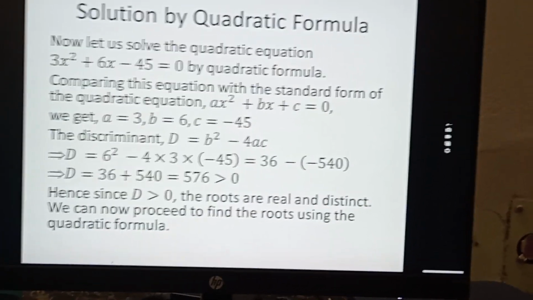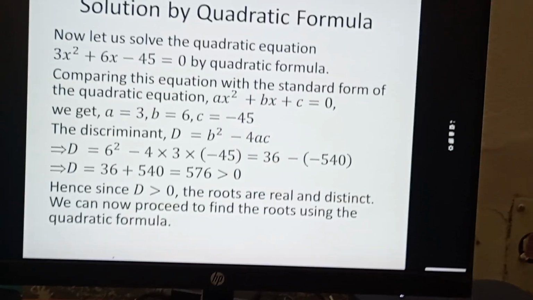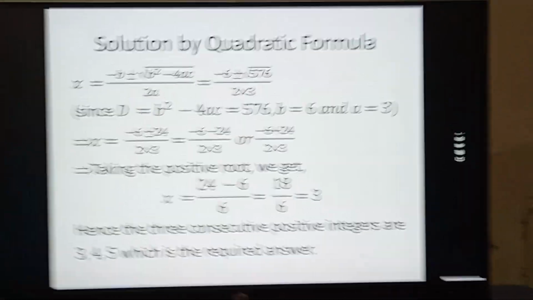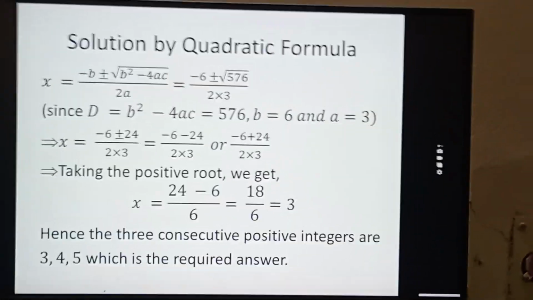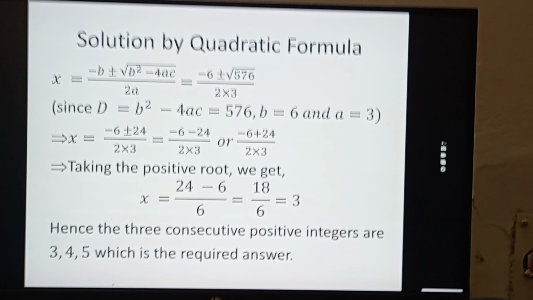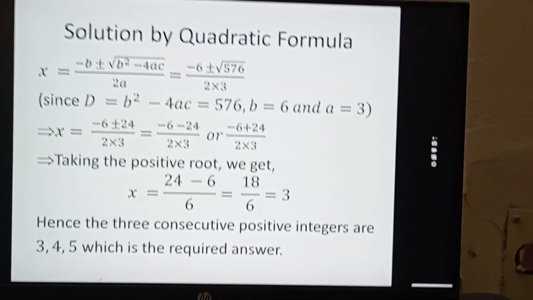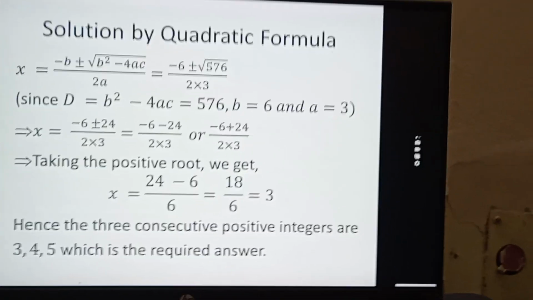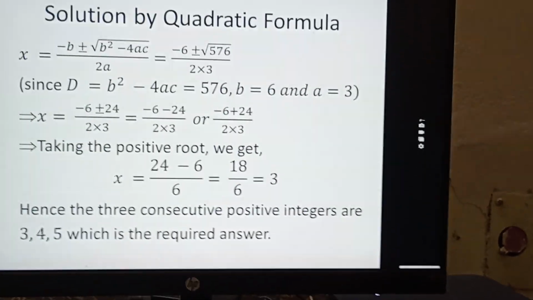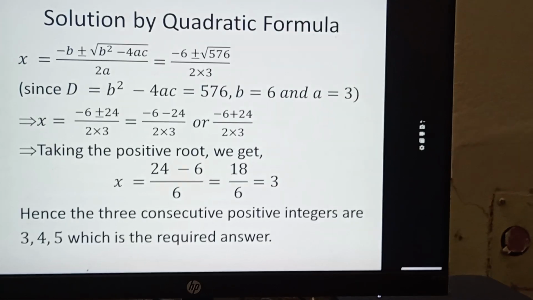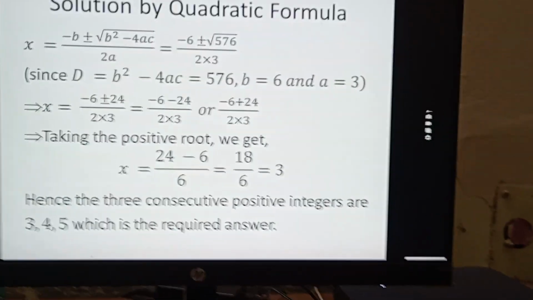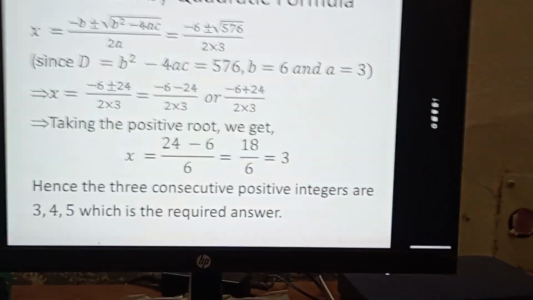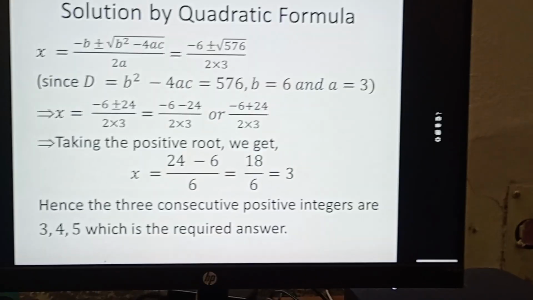Now we proceed to find the roots using the quadratic formula. See here, x is equal to minus b plus or minus square root of b square minus 4ac by 2a. It is equal to minus 6 plus or minus root 576 whole divided by 2a, that is 2 into 3.